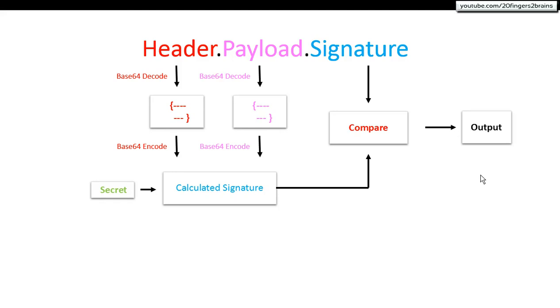So this behavior of generating a signature from header, payload and the secret helps us to validate the token at the server side. This is all about how the token gets generated, what its structure is, how it is passed to the server, and how a server validates the token.